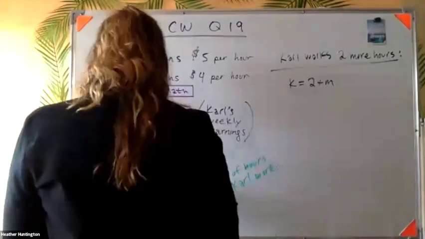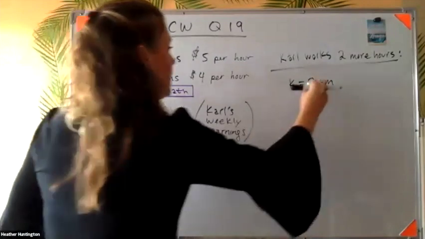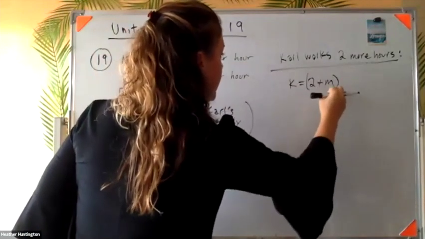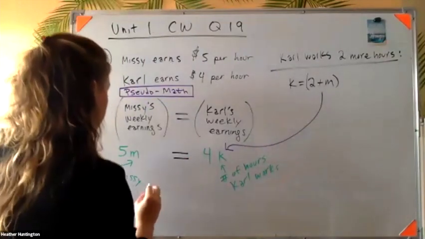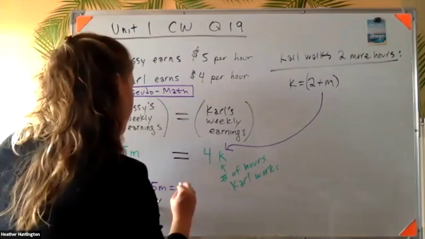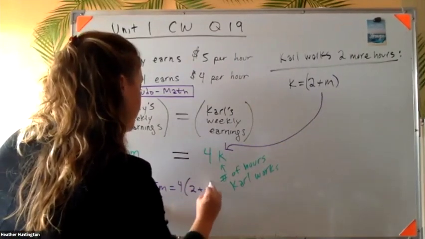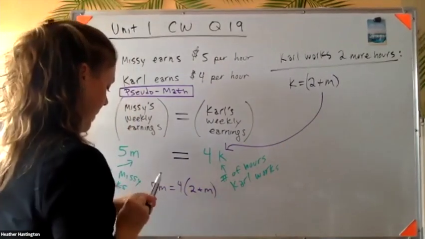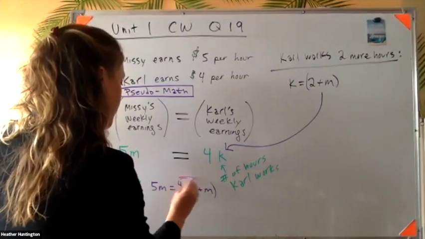So we can use that information now in our equation. And I get that 5m equals 4 times 2 plus m. So I'm going to distribute that.